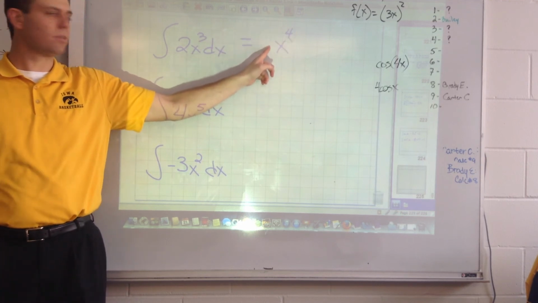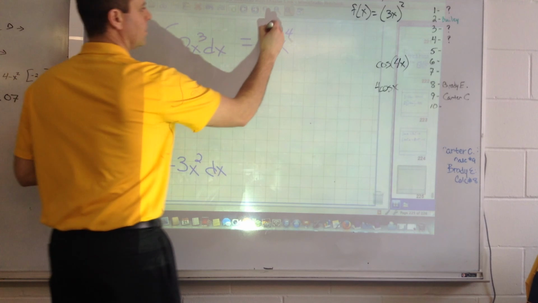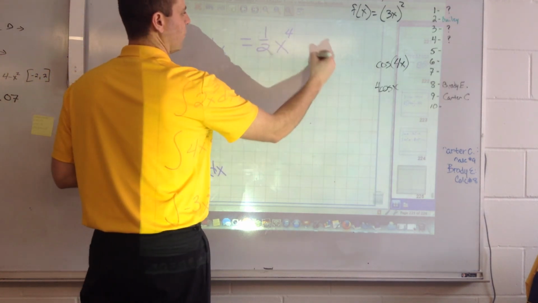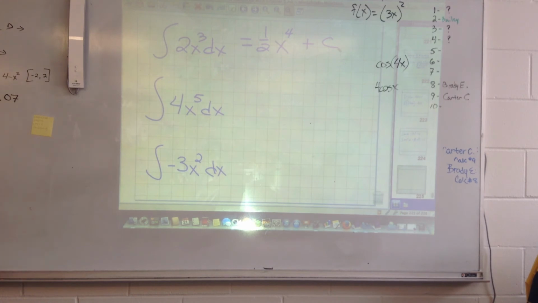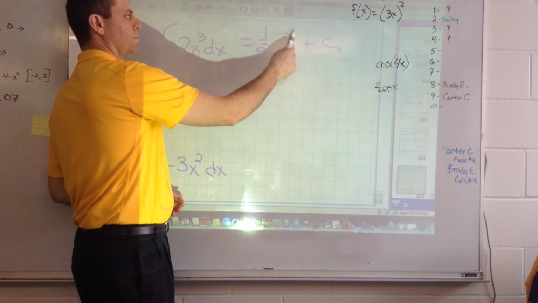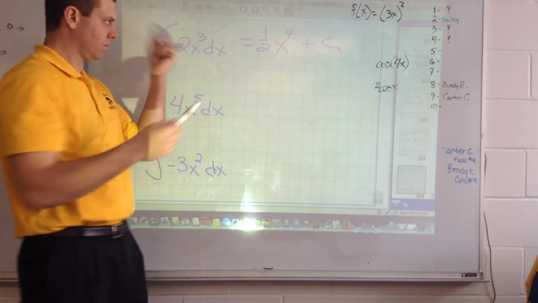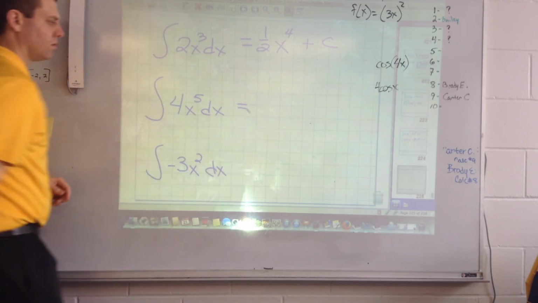So 4 times something has to equal 2. 4 times a half, right? So 1/2 x to the fourth plus c. Okay, let's see if I'm right. What's 4 times a half? 2. X to the 1 less power, so that'd be 2x to the third. Ding, ding, ding, got it right. That's kind of my process that I take. Okay? I get used to plus C.